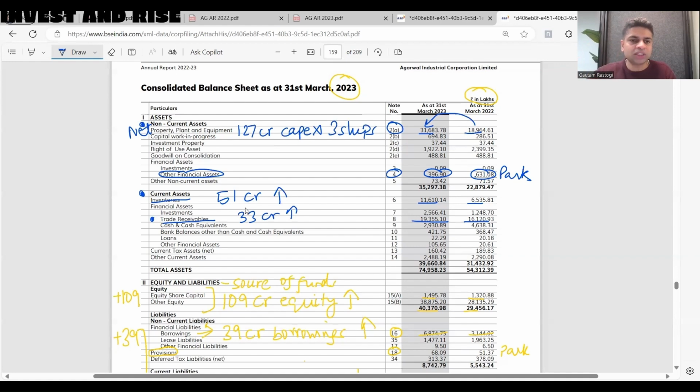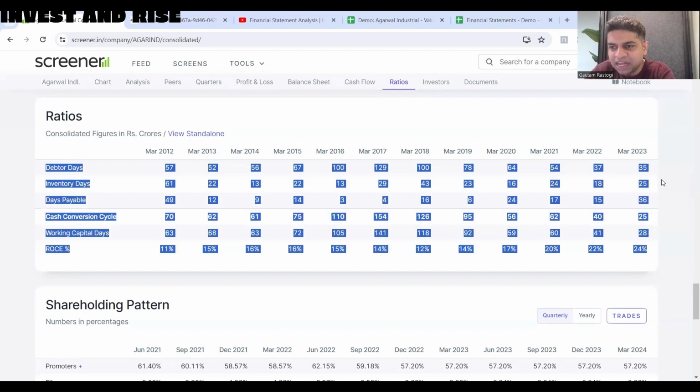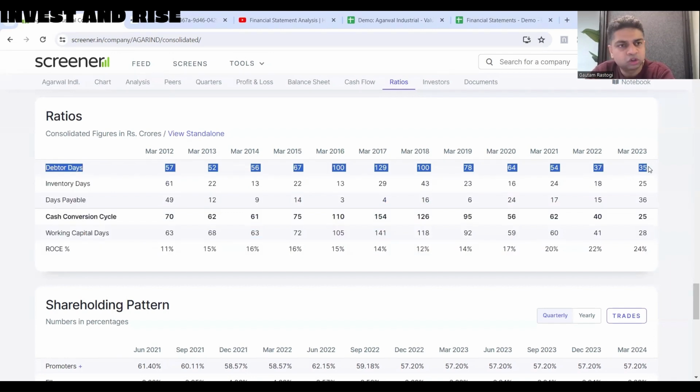Immediately once you look at that, let's look at their days of inventory and receivables outstanding and see what has happened. So here, if you see, the receivable days pretty much has stayed put. So the increase in receivables is commensurate with the increase in sales. Meaning their customers are paying them in the same payment terms which they used to pay earlier in the prior year.